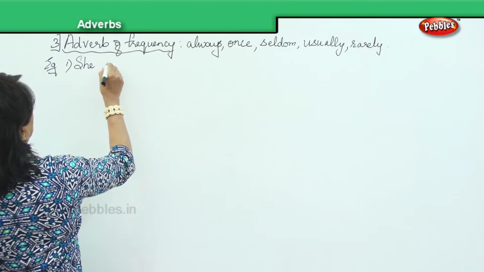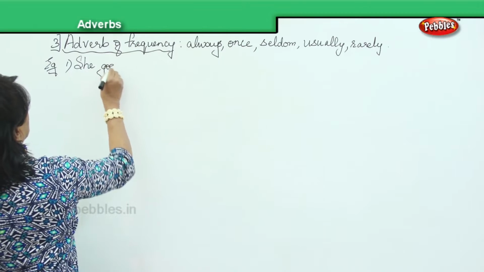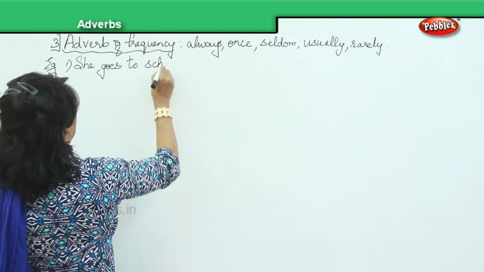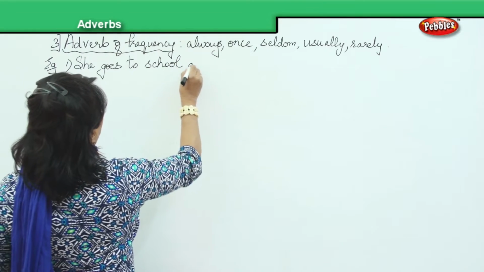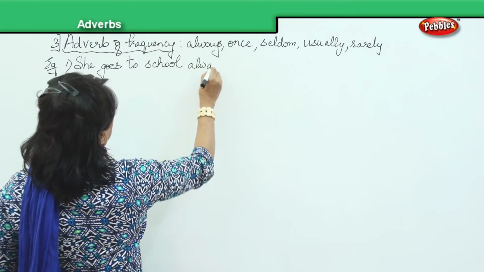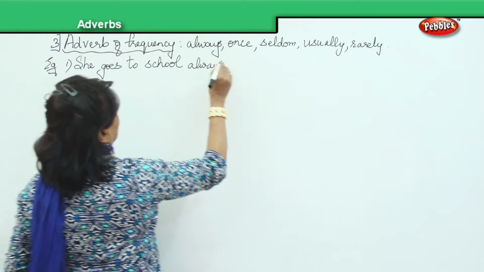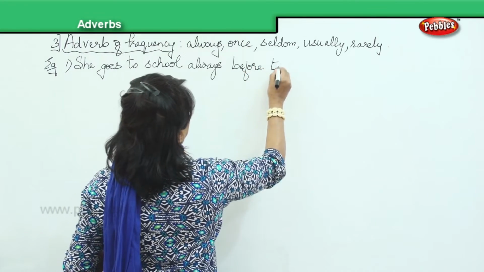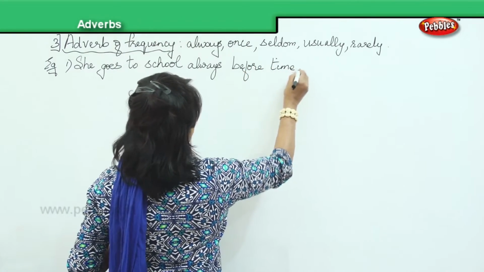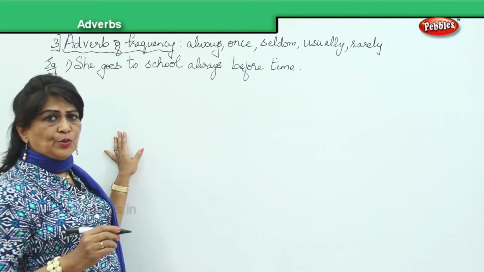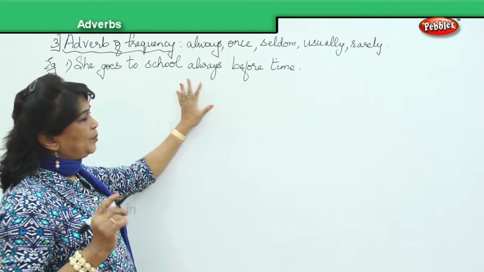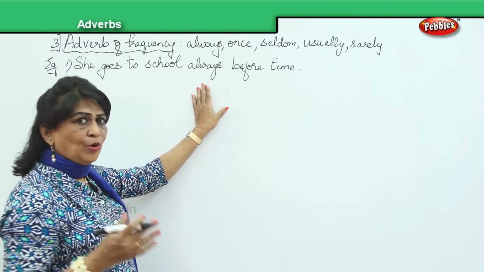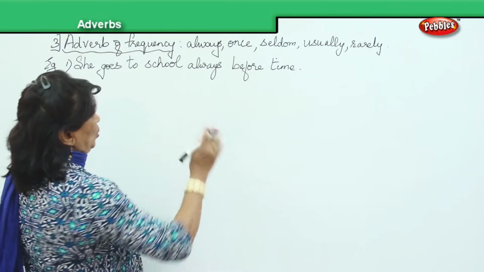She goes to school always before time. So it denotes the frequency. How often does she go on time? Always.